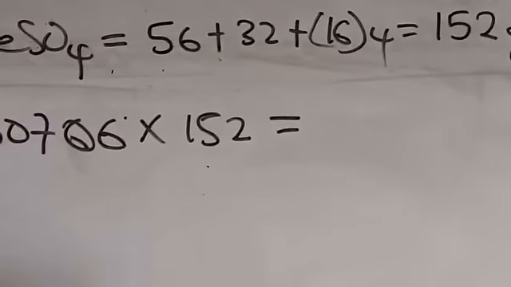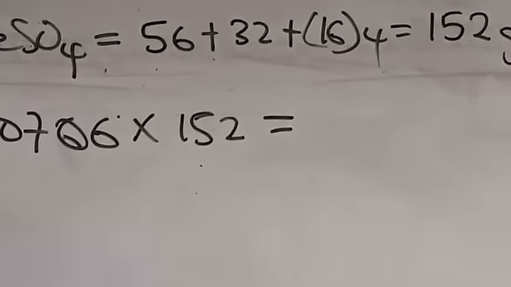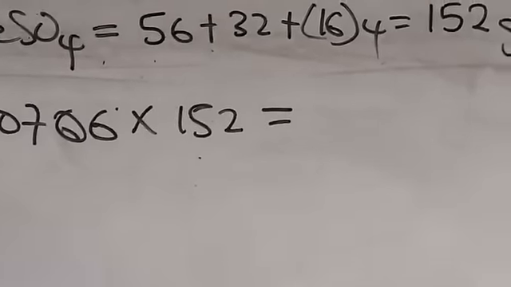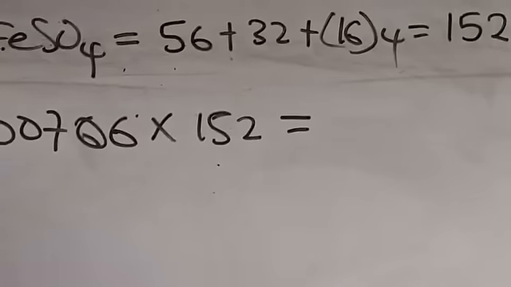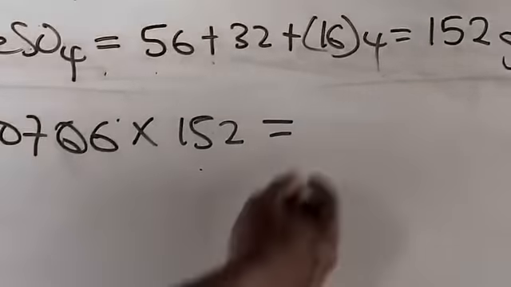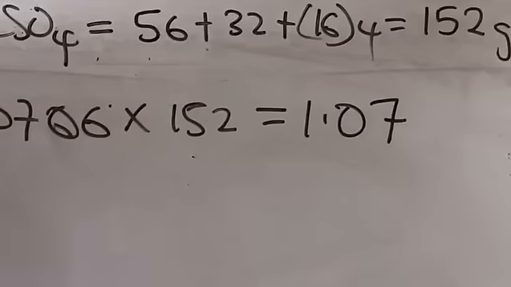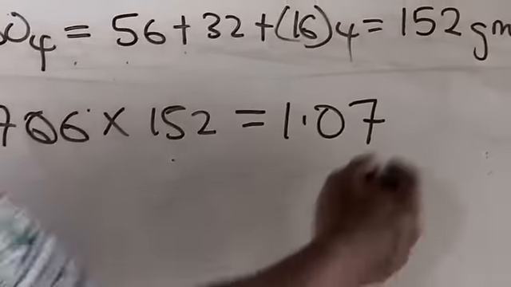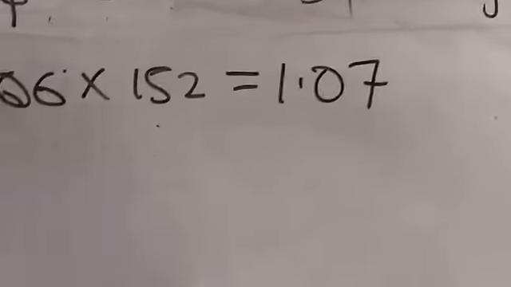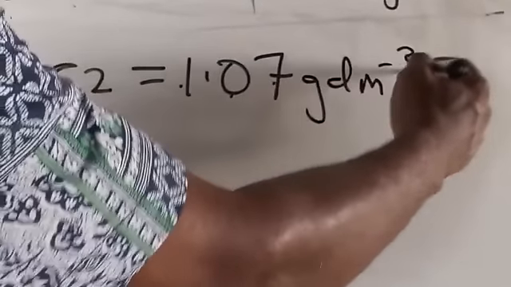So work out this, please. 0.00706 times 152. One point what? 1.07312. So for 3SF, that is 1.07 gram per dm cube. That is the answer.